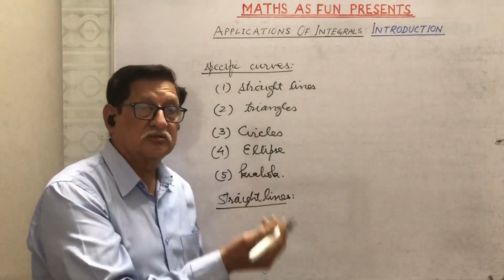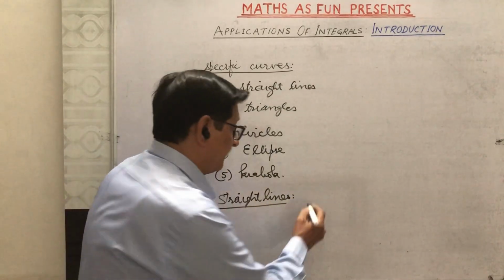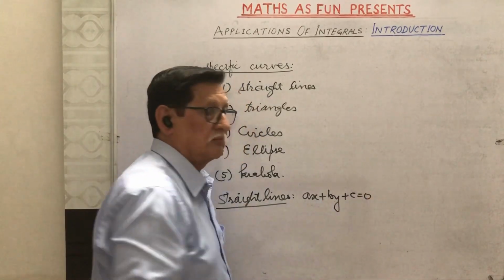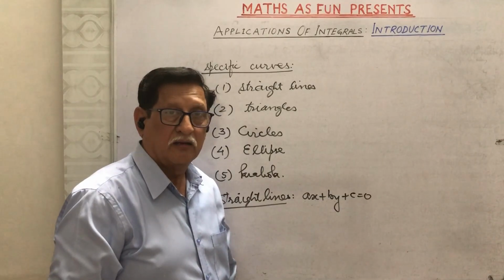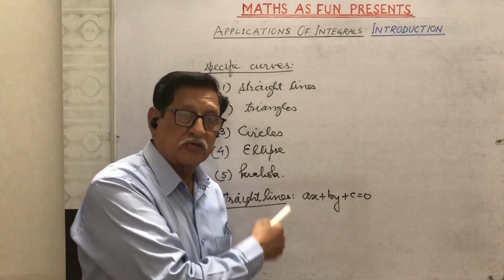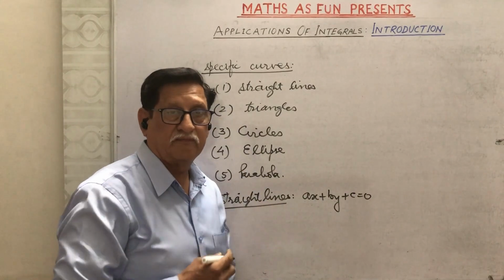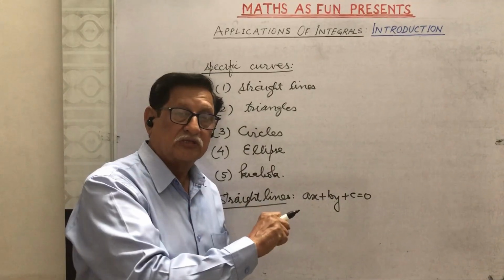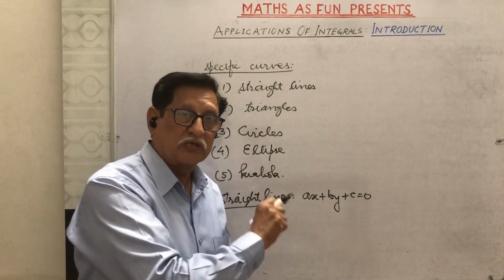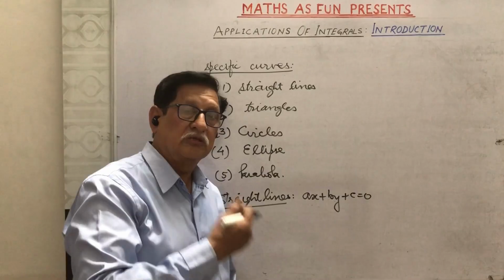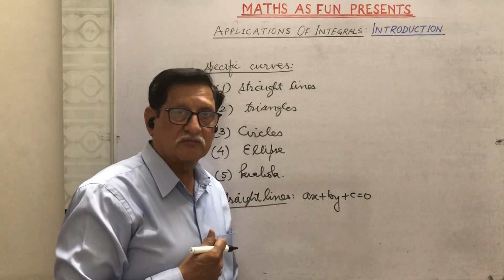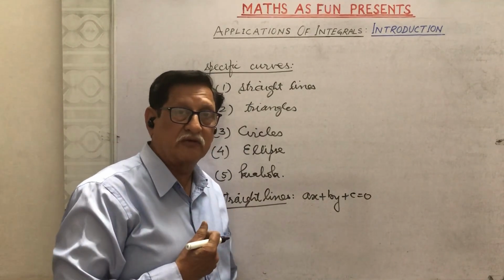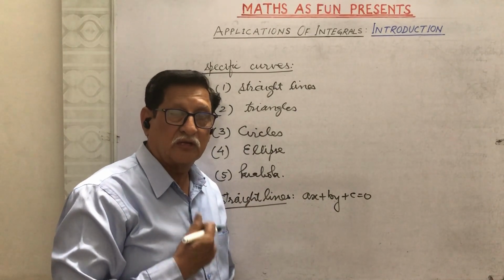We know the equations of the straight lines are generally given in the form ax plus by plus c equal to 0. Tracing or drawing a straight line on the graph, we have also learned in the previous classes, and also in the chapter or the videos based on the straight lines, and also in the linear equations, how to find out the solution of the linear equations or draw the graph of the linear equations in two variables.